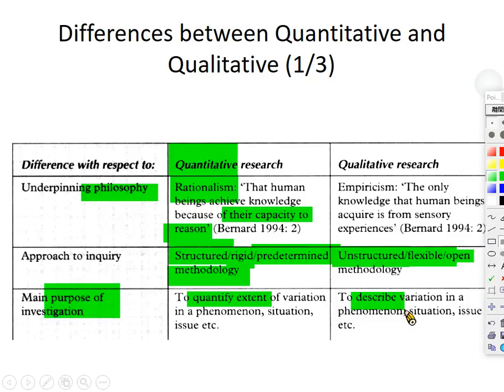So look at here. My purpose of the study is to measure your height, to find out the average height of the students here, right? So I collect your height numbers. I analyze the data numbers. I present my result as a number, right? On the other side, if I follow a qualitative research to understand how you look at your own height, then I need to describe.